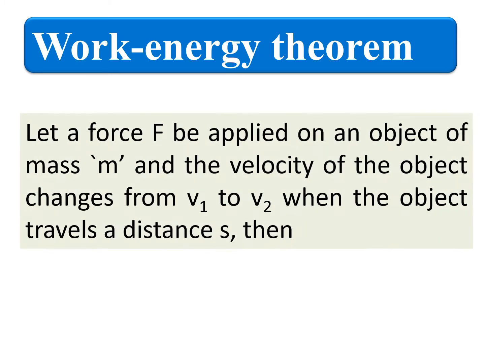Let a force be applied on an object of mass m, and the velocity of the object changes from v1 to v2 while the object travels distance s. Here the force is a constant force. Constant force means it doesn't change in magnitude and direction.